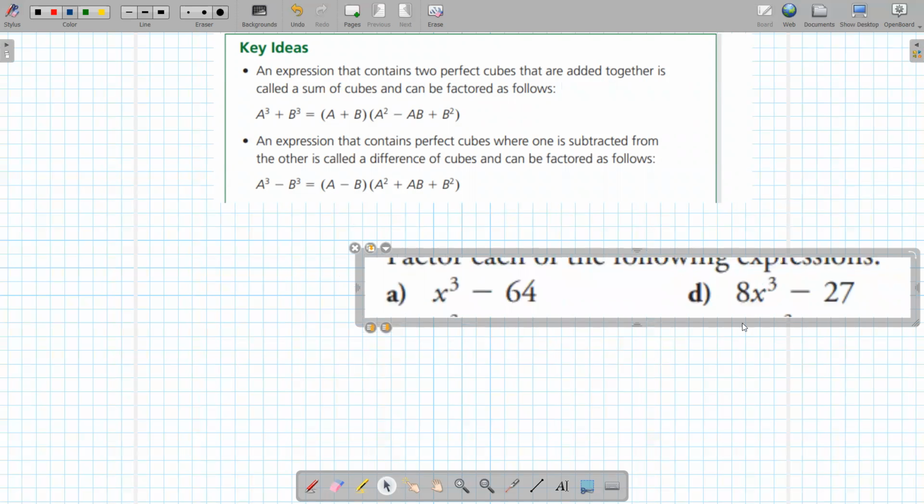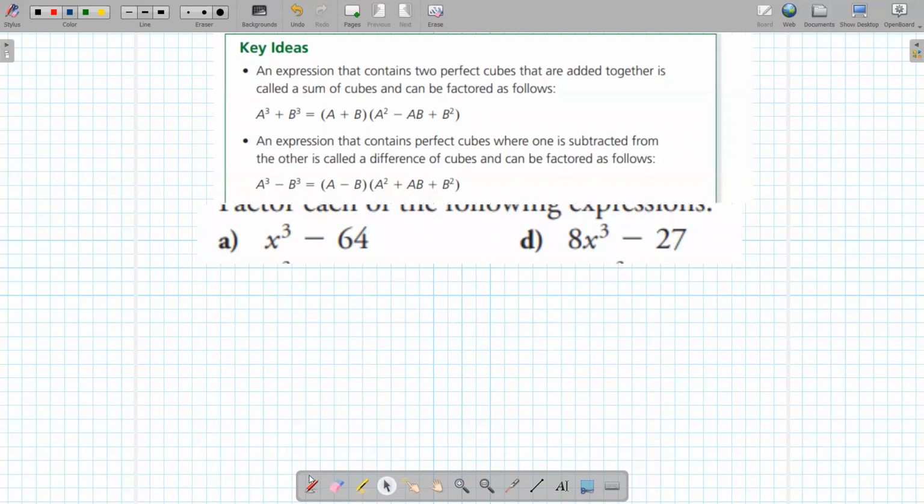x cubed minus 64. Again, we're going to use the same logic. We need it to be in this form, something cubed minus something cubed. Well, x cubed is x cubed. Something cubed is 64. Another way to think about this is, what's the cube root of 64?